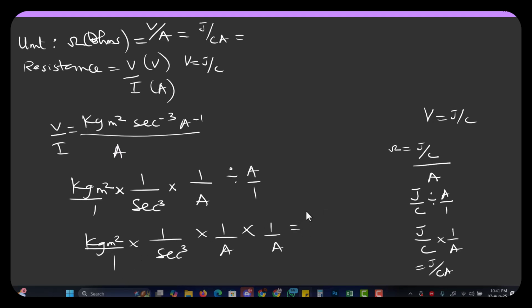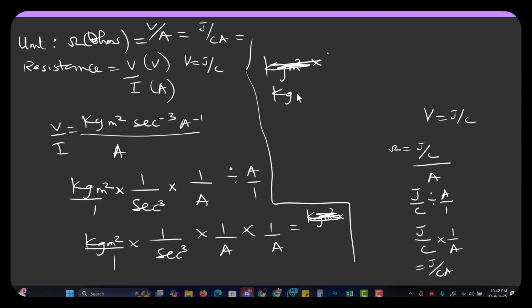Let me multiply out this whole thing. If I multiply it out, I'm going to have kilogram meter squared per second cubed, that is second to the power minus 3, because I'm taking it up.